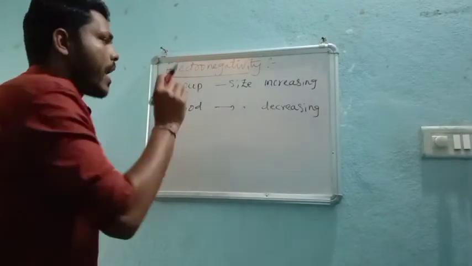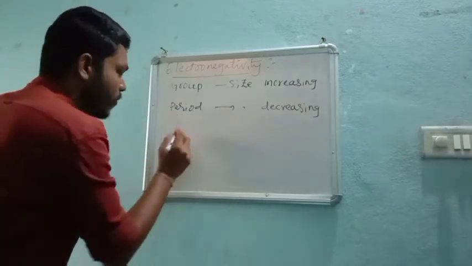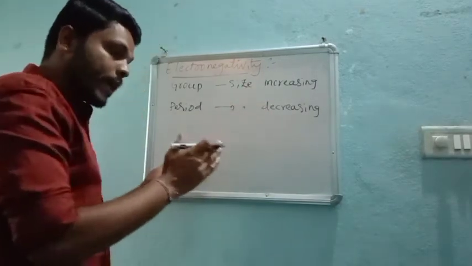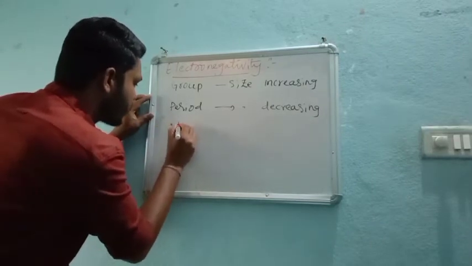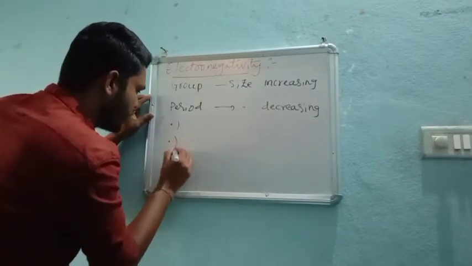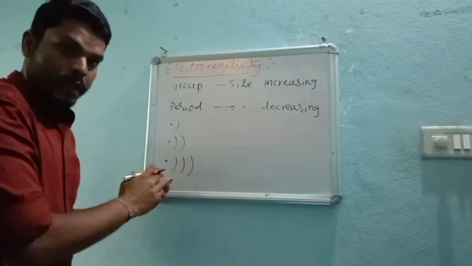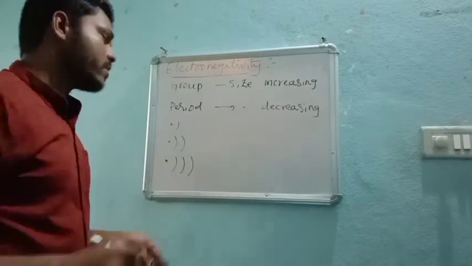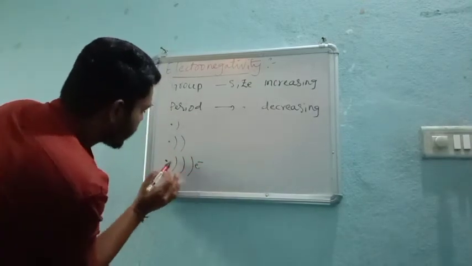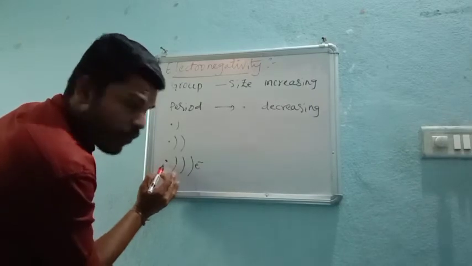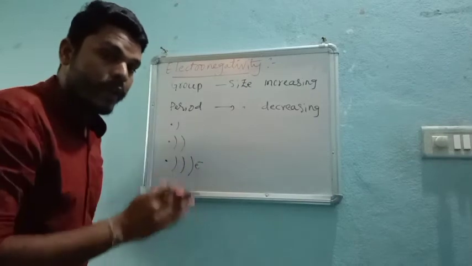So now, as we move down the group, see what is happening, the size of the atom is increasing, right? So the size of the atom from hydrogen, lithium, sodium, right? Like this, size is increasing. As the size increases, the attractive force between the nucleus and the electron will be very, very weak.